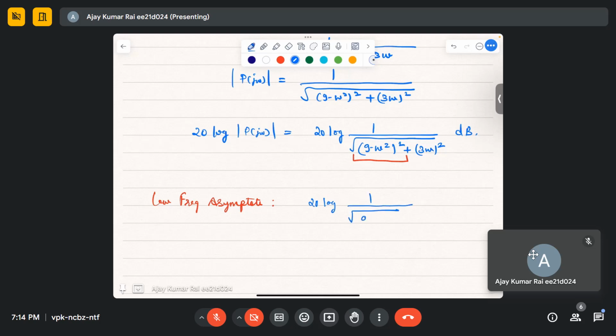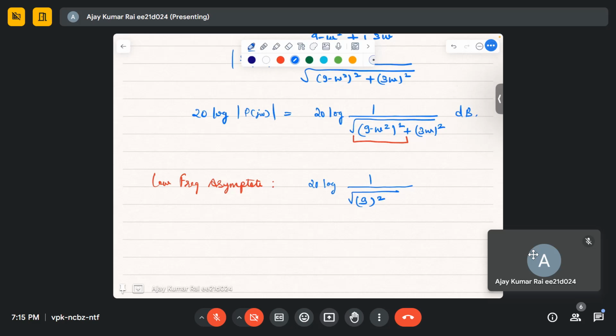And plus 3 omega square. Again, if you compare it with 3 omega square also, because omega is very small and you are squaring it, the value decreases even further. So we can actually neglect the omega term. We are taking the assumption where omega is very small.